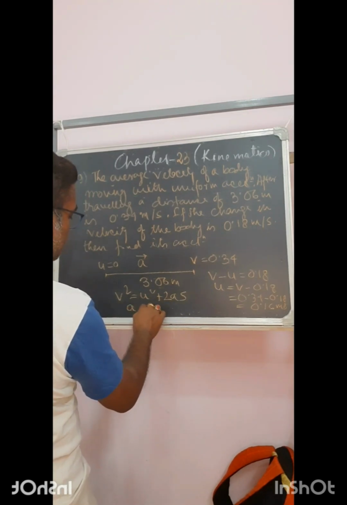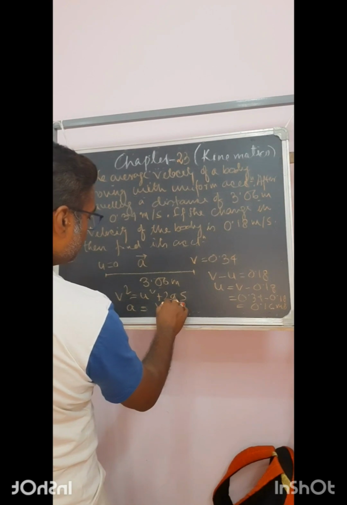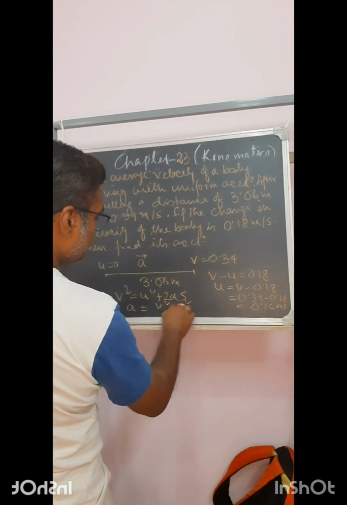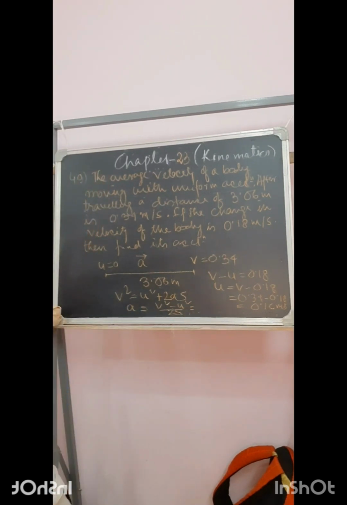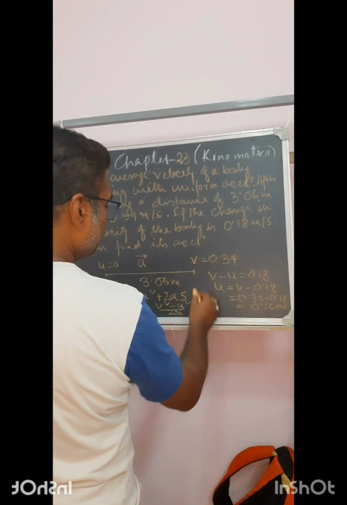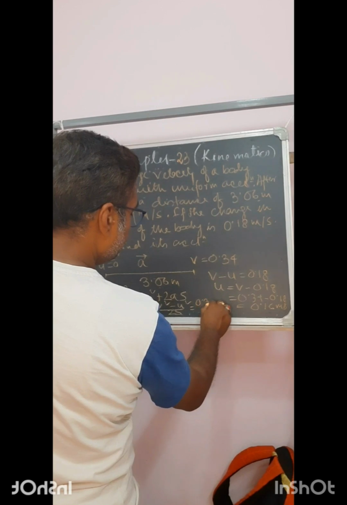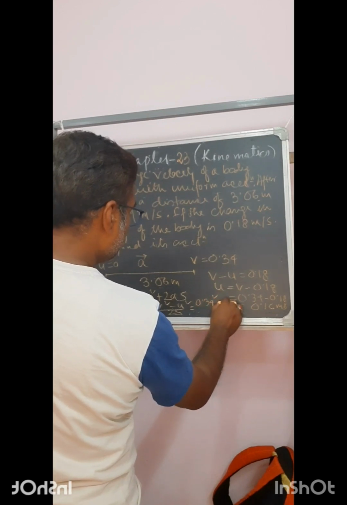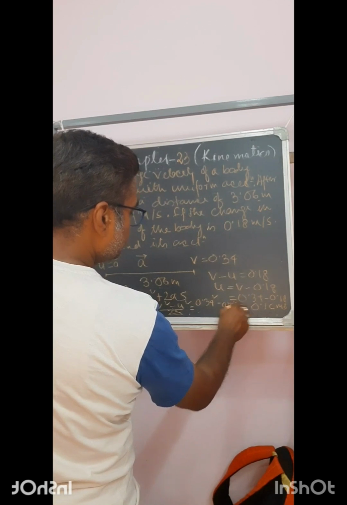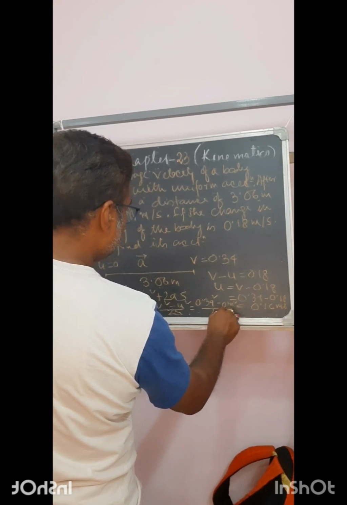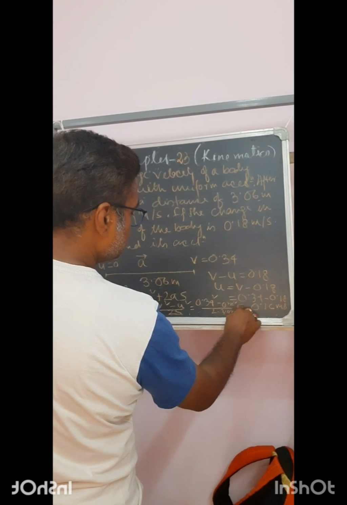So a is equal to v square minus u square by 2s. So v square is 0.34 whole square minus u square is 0.16 whole square, into 3.06.